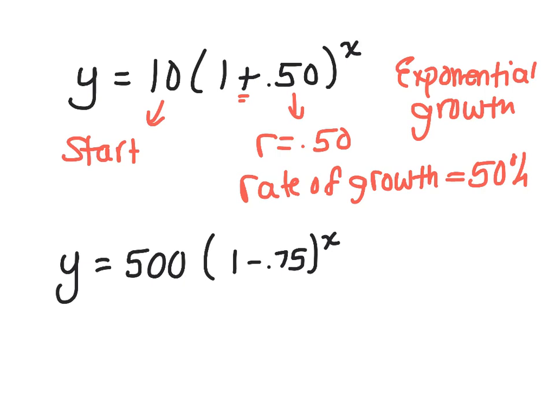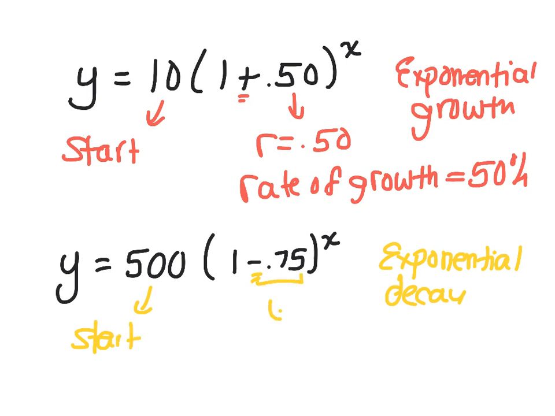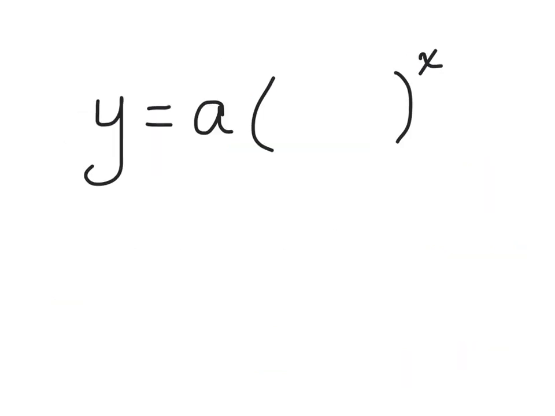Down here, since there's a minus sign, I can tell that this is exponential decay. So here I'm starting at 500, but this r value is 0.75. So the rate of decay is 75%.